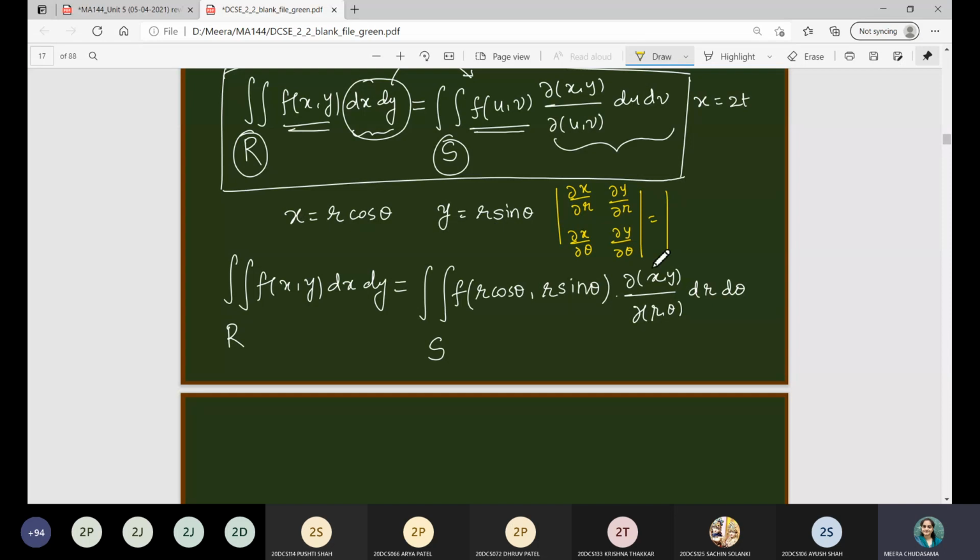Ma'am, won't the Jacobian be a little different? Del x by del r, and then it won't be del x by del theta. Since you are considering the determinant, it won't make a difference. You have seen the property: if you consider J or J dash, it will remain the same, because the determinant of A is the same as the determinant of A transpose.